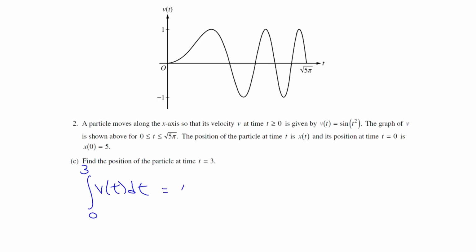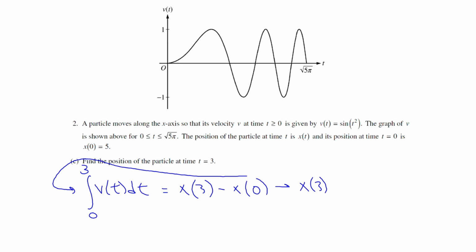It tells us the position at 3 minus the position at 0. And if we just bring this x of 0 to the other side, we get that the position at 3, which is what we're looking for, is equal to the initial position, x of 0, plus that integral from 0 to 3 of v of t dt.